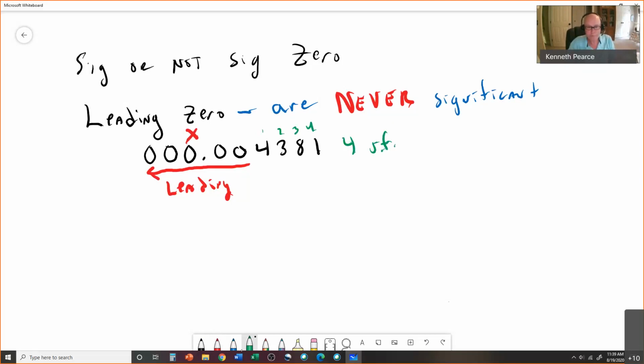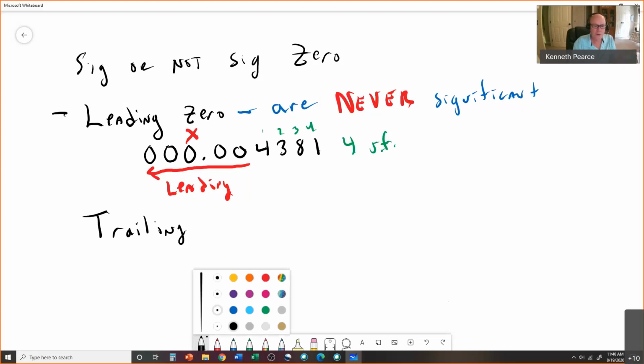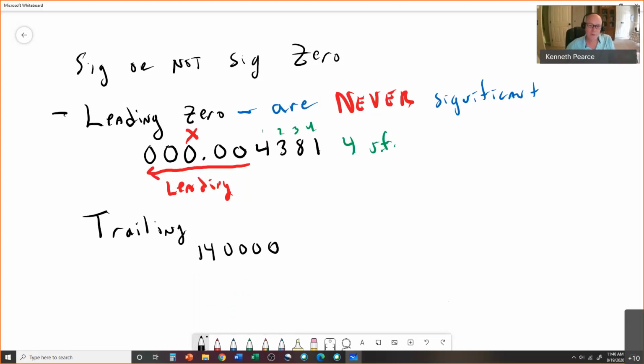Okay. Now, trailing zeros is the other situation. So we've got two situations: trailing zeros and leading zeros. Trailing is for big numbers. So let's write out an example here. We have 140,000.